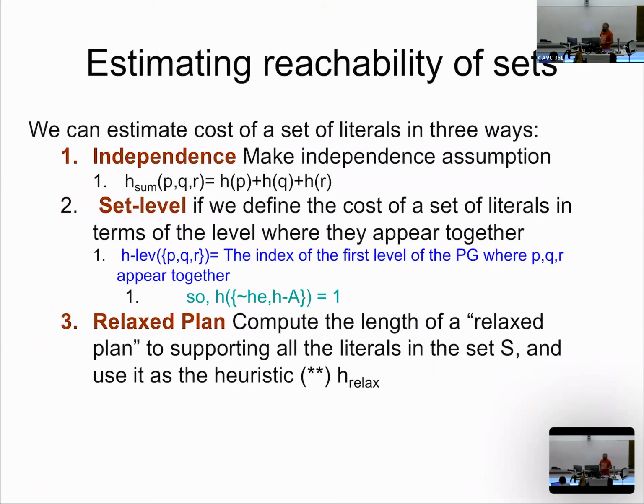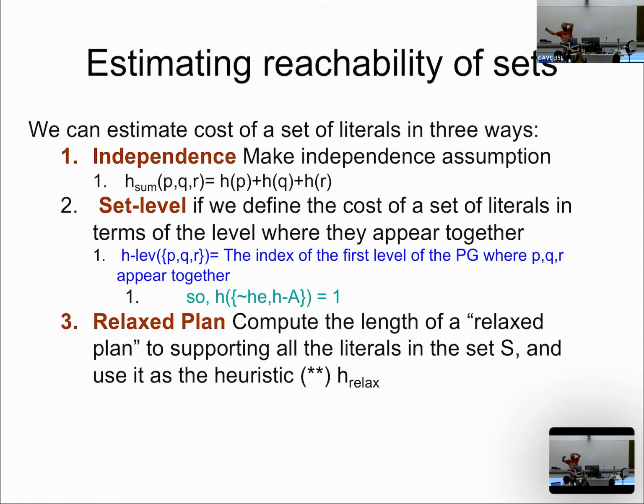One of the interesting questions, of course, is if you are trying to compute the cost of PQR, which is the goal state, you can compute the cost of P, that means the first level where P occurs, the cost of Q, the first level where Q occurs, and the cost of R, the first level where R occurs.